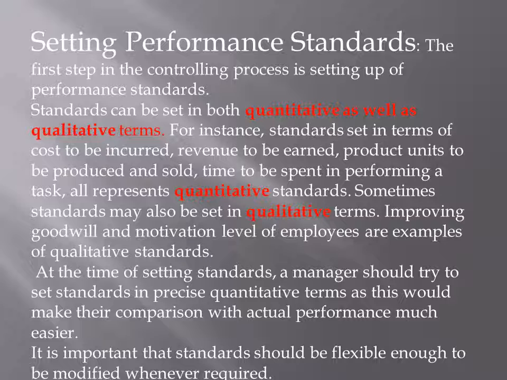Though quantitative standards should be very precise and specific, it is very tough to fix qualitative standards. So while the standards are being fixed, they should be flexible. Why should they be flexible? So that they can be modified whenever required.